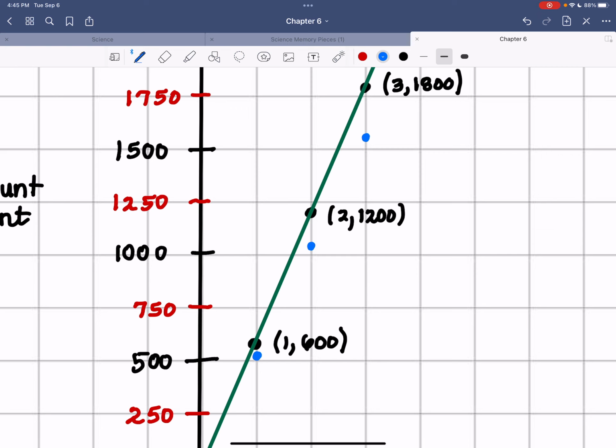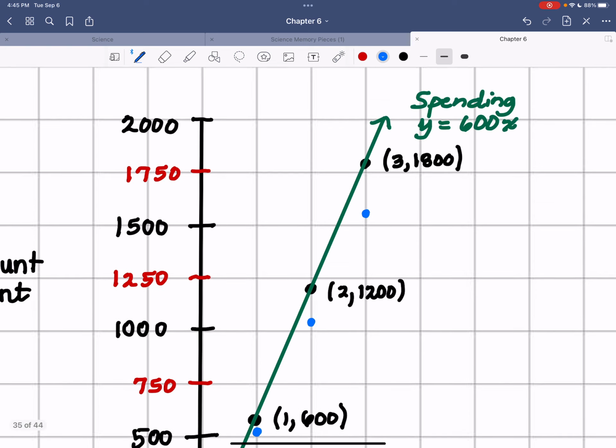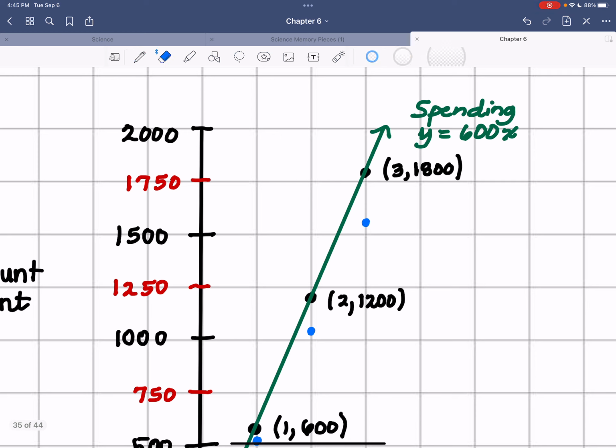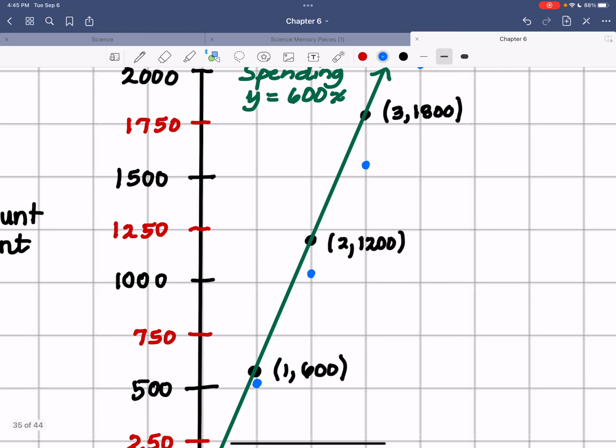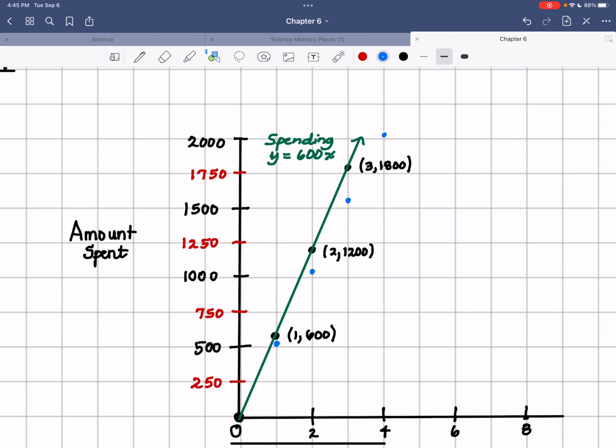Let me do one more. There's a point I want to make here. So at 4 weeks, he would have earned $2,100. Let me move it over here. $2,100 right there. So let me graph this income line in blue.